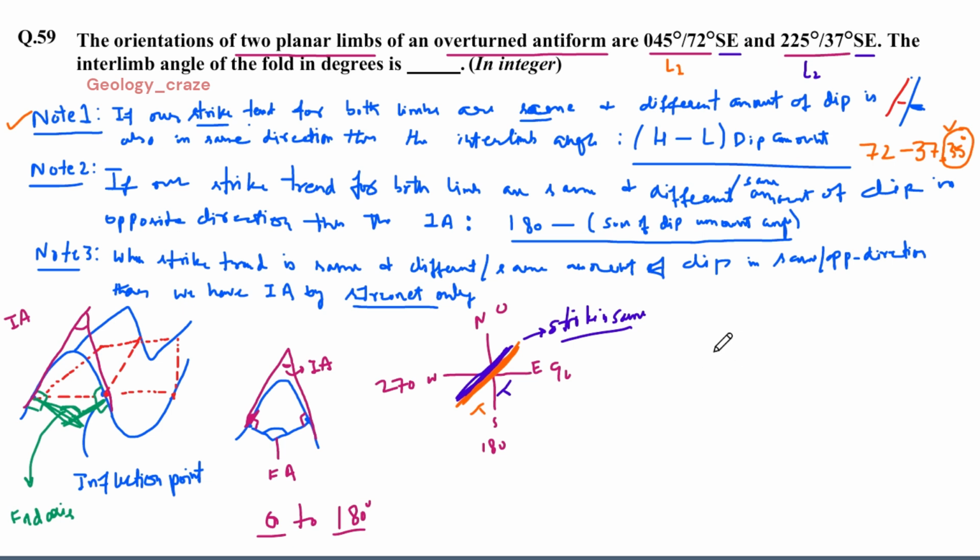This is a direct method. Now we will understand the concept behind it. I will construct this. First, this is an overturned fold. An overturned fold is like this, no? One limb is getting overturned. Suppose this is a median point here, and an inflection point here.